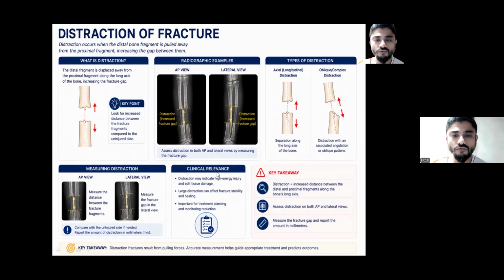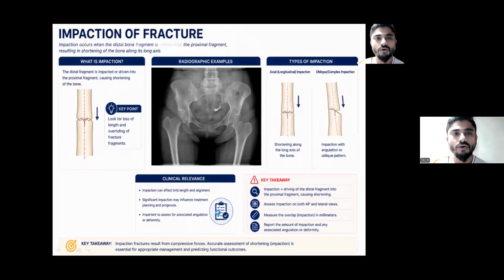What is the clinical relevance? Distraction may indicate high energy injury and soft tissue damage. If there is a large amount of distraction, it can affect fracture healing and fracture stability, and it is important for treatment planning and monitoring reduction. Understood?